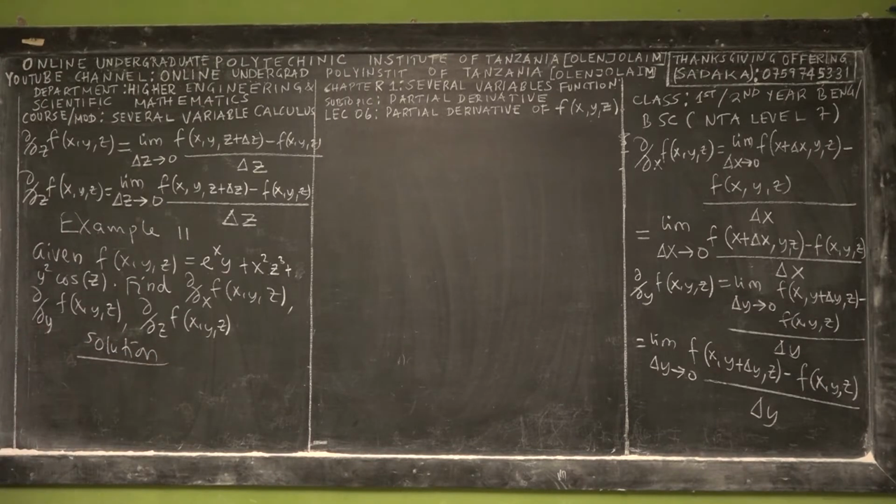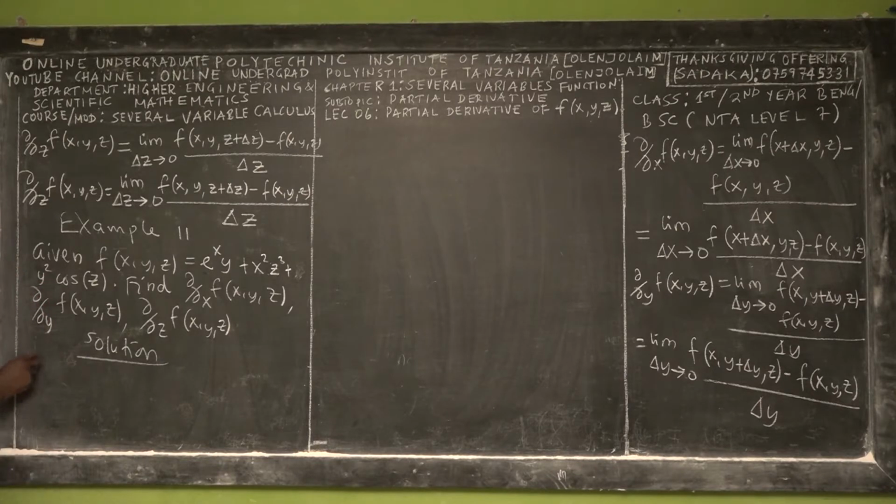We have been given a function where we have a product of an exponential function and a linear function, here we have a linear function of two variables, and here we have the product of a linear function and a trigonometric function. Solution.